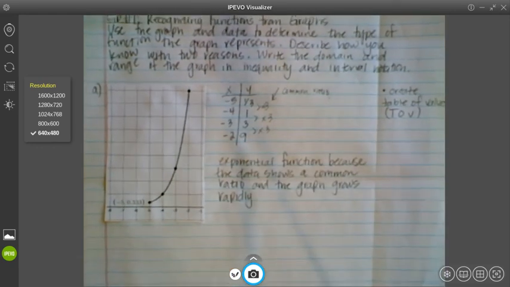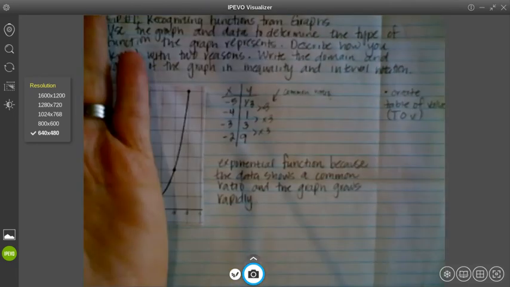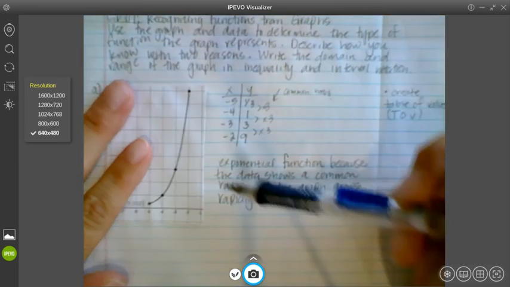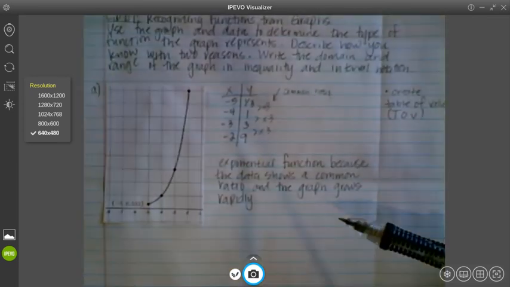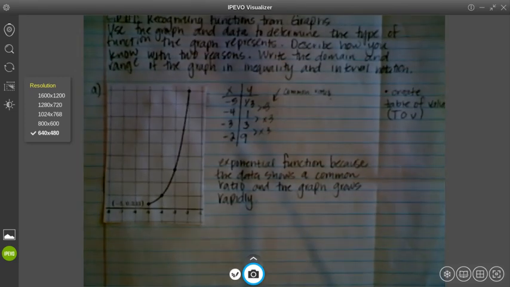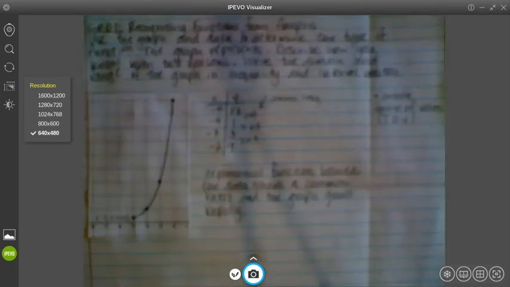You might also have exponential decay, which is basically going to look the same way but flipped. So it's really big on the left, but then it gets really small really fast, or it decays really fast. So those both show an exponential function. So that's what we're looking for. So we make a table of values.